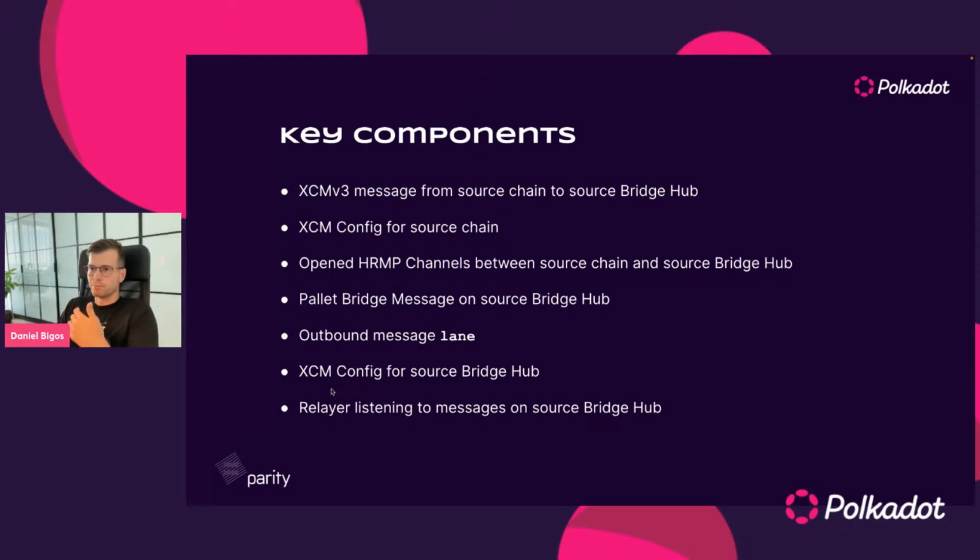We need the pallet bridge messages deployed on the source bridge hub, and that pallet will put messages into the outbound lane. We need proper runtime configuration for the source bridge hub, and of course, we need a relayer that is listening to messages on the source bridge hub and is able to send messages to the destination chain.